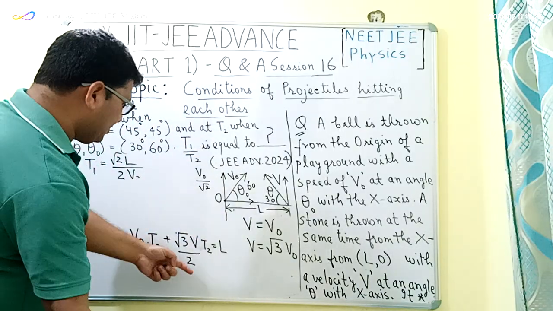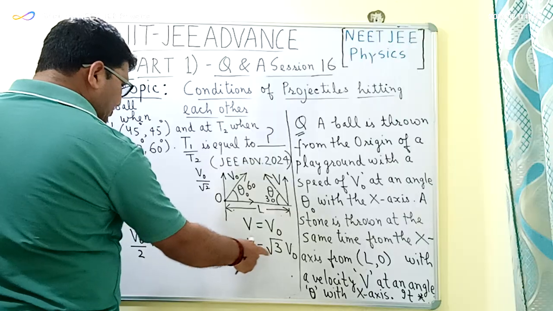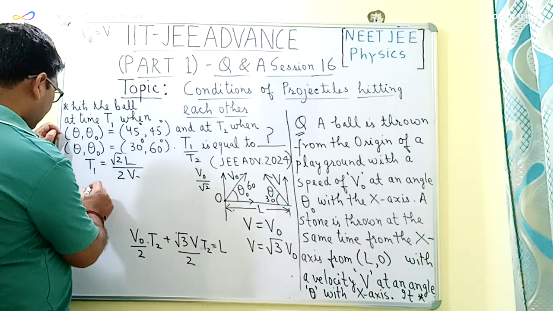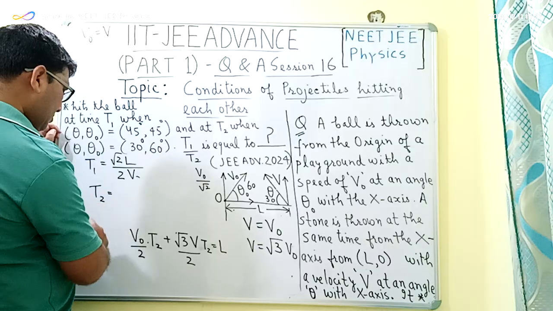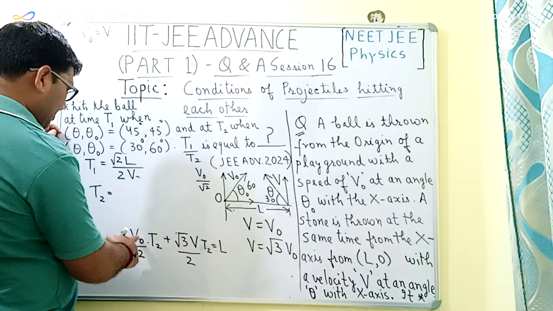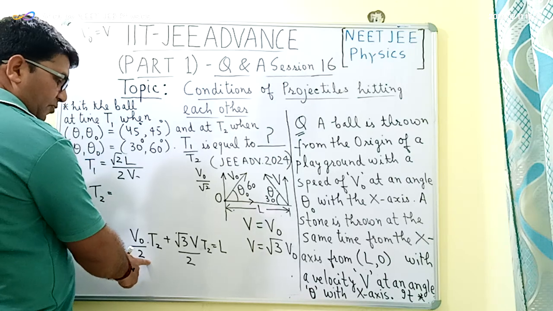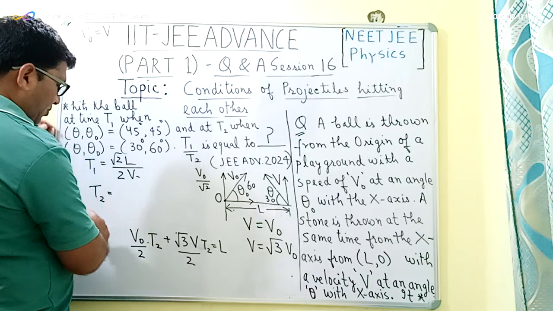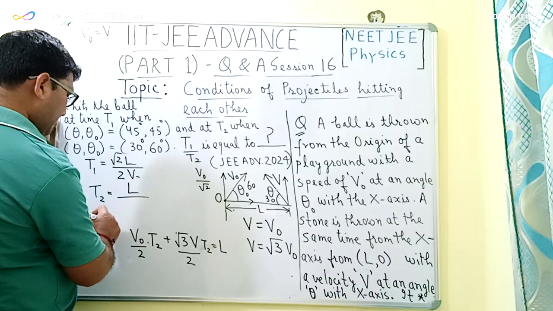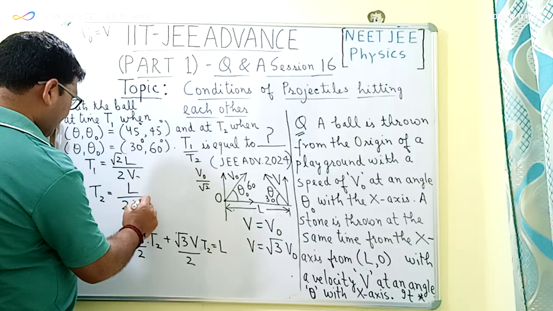And now from this equation, if I substitute the value of V equal to root 3 V naught, I will be getting T2 equal to, this will become 3 V naught upon 2, and this is V naught by 2. This will become 4 V naught upon 2, and 4 V naught upon 2 means 2 V naught. So T2 will be equal to L upon 2 V naught.